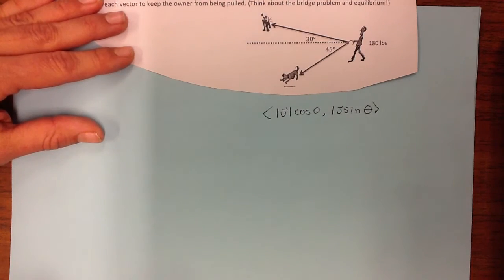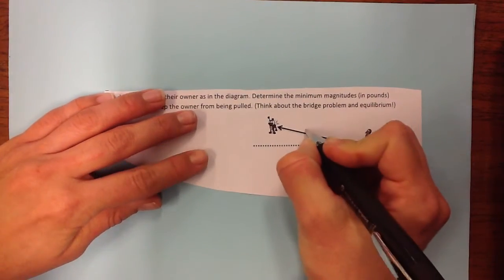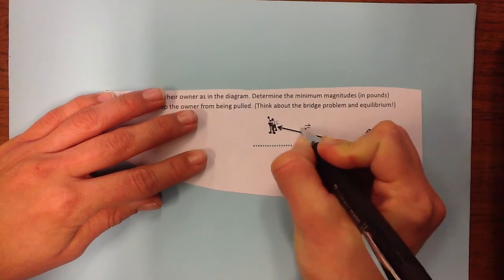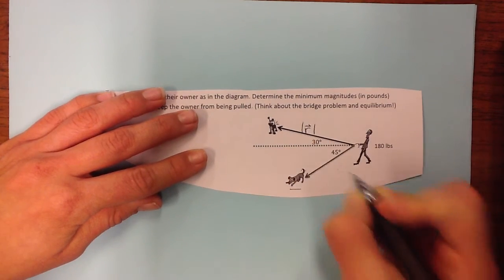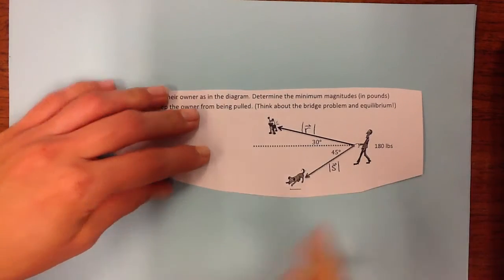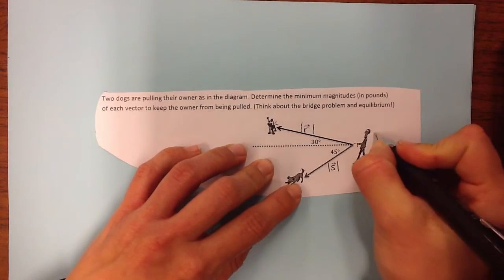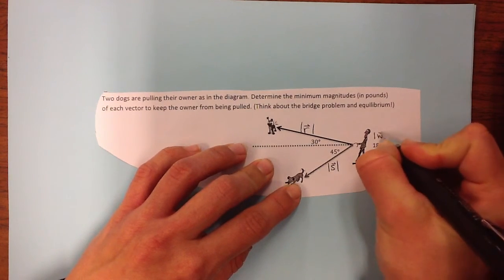So we need to find the components of each of the three vectors in the diagram. So we've got dog 1. I'm going to give this a name, vector R. Dog 2, I'm going to call vector S. And then the dog walker, we can call him vector W.